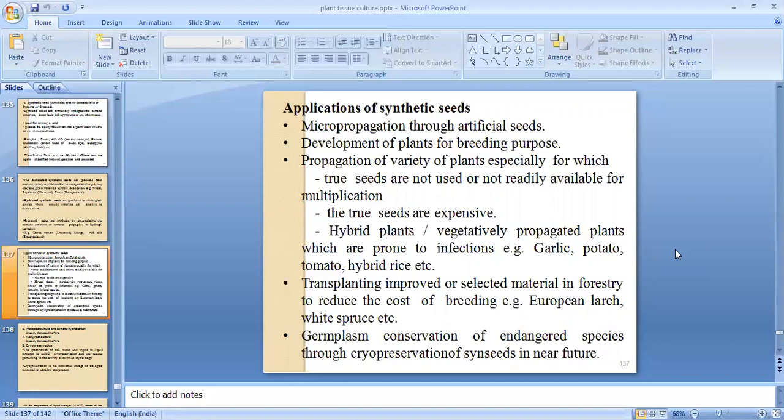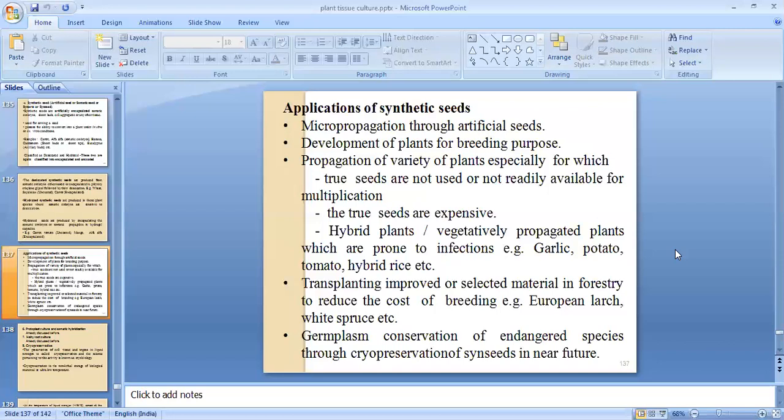And in some cases, when the true seeds are very expensive, synthetic seeds can be used. Or sometimes for hybrid plants or vegetatively propagated plants that are very prone to infections developed by true seeds, this method can be used.